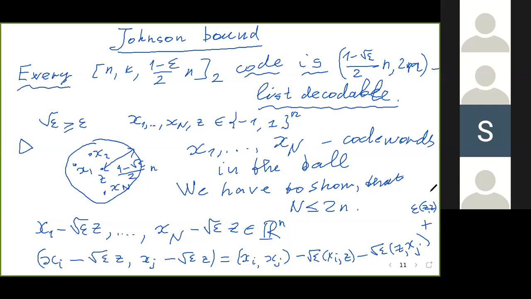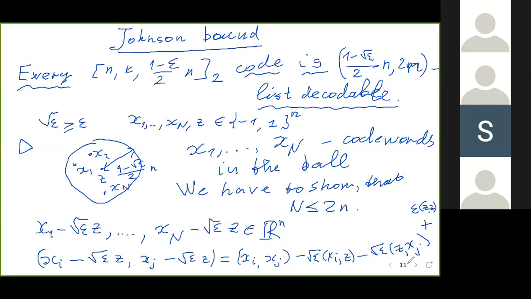So we need to bound this from above. xi xj may be bounded from above using the fact that the distance of our code is at least (1 minus epsilon) over 2 n, which means that there are many positions where xi and xj are different, and each such position contributes minus 1 in this sum.